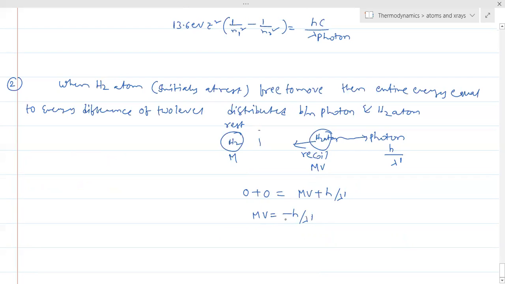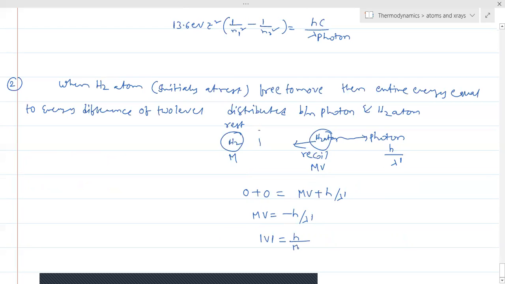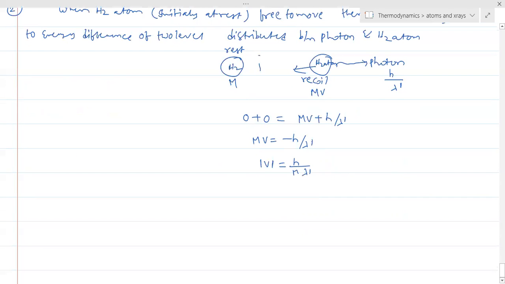When we think of the negative sign as the direction, we take the modulus of v. Modulus of v is equal to h by m into lambda dash. This is very important.